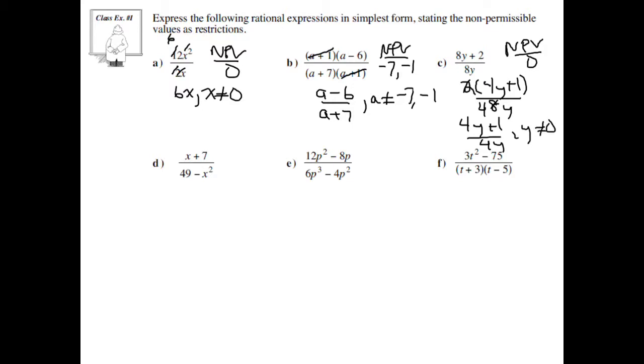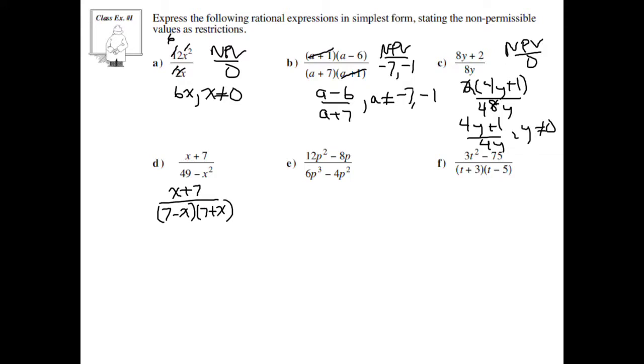With d, our denominator is not yet in fully factored form, so we do need to factor that out first. I've got x plus 7 on my numerator, and 49 and x squared are both perfect squares, and because I've got a negative there, that means I can do my difference of squares. That will be 7 minus x and 7 plus x.